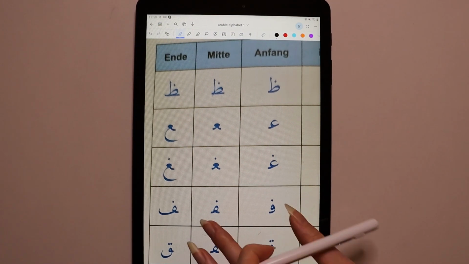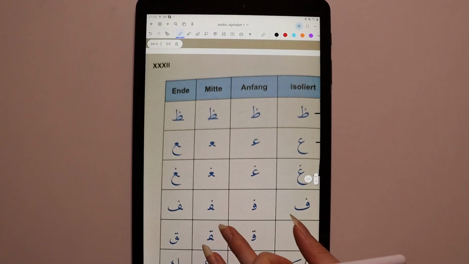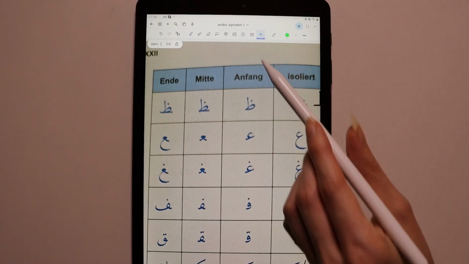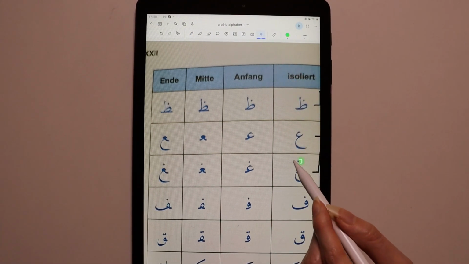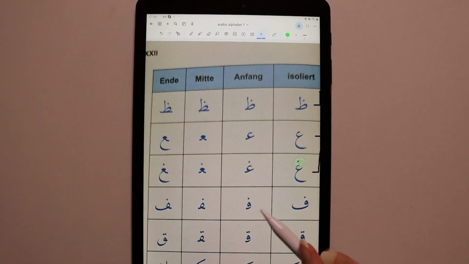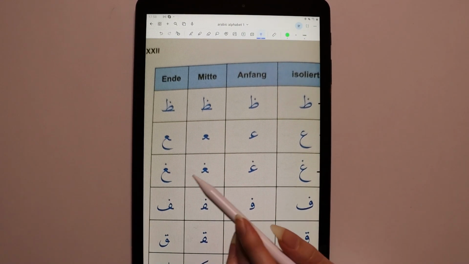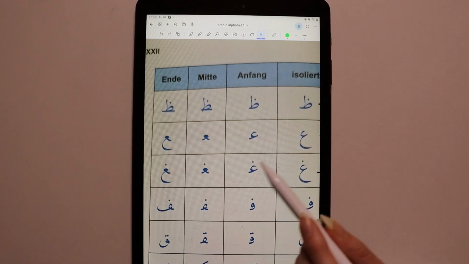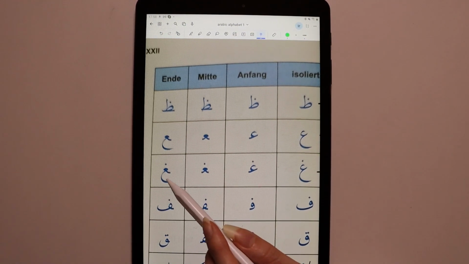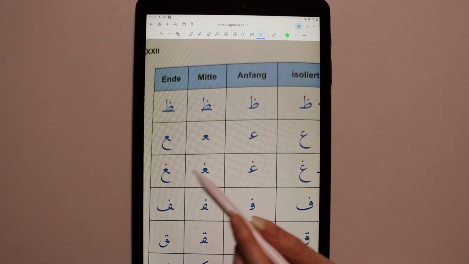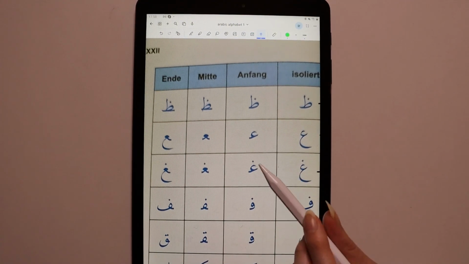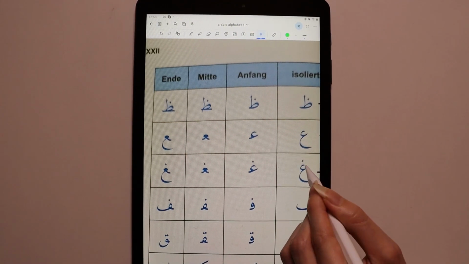And ein and rein look really similar again. They look the same, but the difference is the dot on the rein. And now really all 4 forms look different from one another. So the isolated form and the final form, the end forms, don't look exactly the same, but I feel like you can still see kind of how this happened.